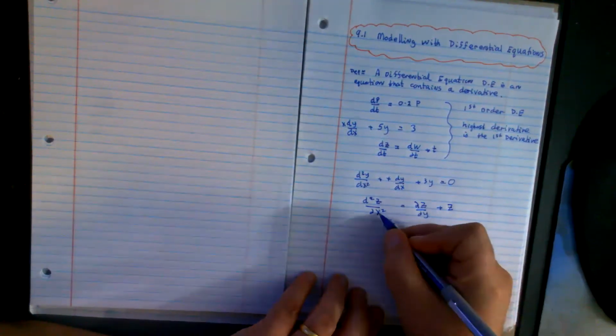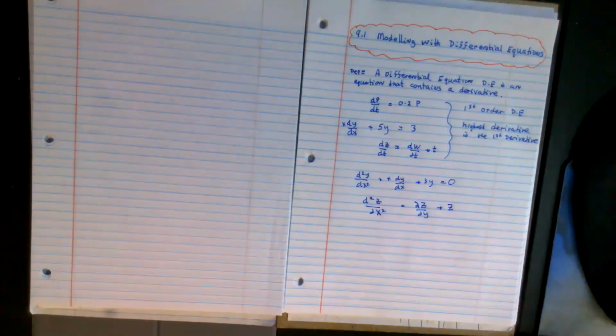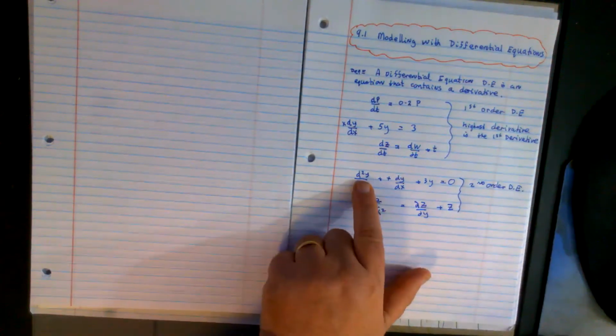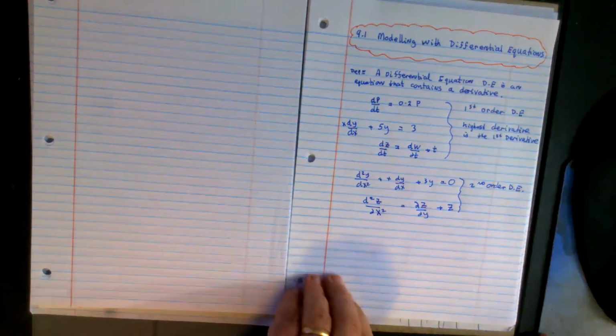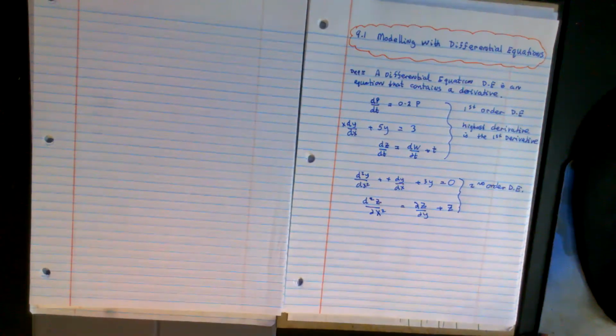That would be a differential equation of quite a messy type. We would consider these differential equations to be second order. It's pretty obvious they're called second order because they contain second derivatives, and you can have third derivatives and 10th derivatives. But for the most part, we'll deal with first order differential equations.